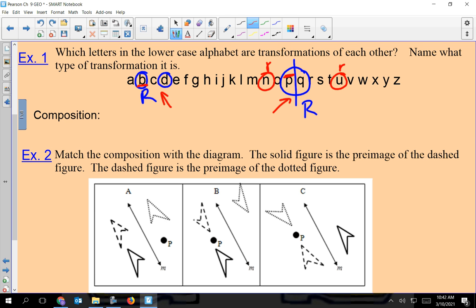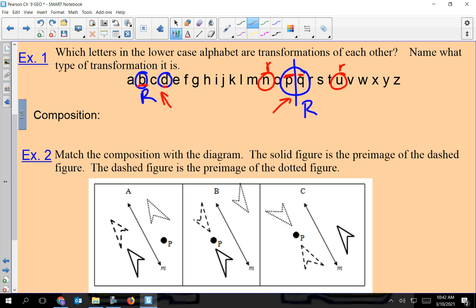So it could be two different things. I could also say that about D and Q. It could be a reflection if there was a line above the P or below the D, or I rotated it, okay? So we're going to look at different ways we move stuff and label it.